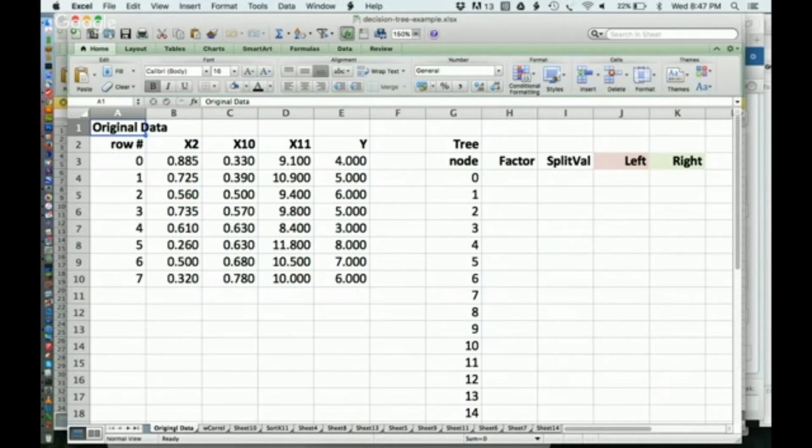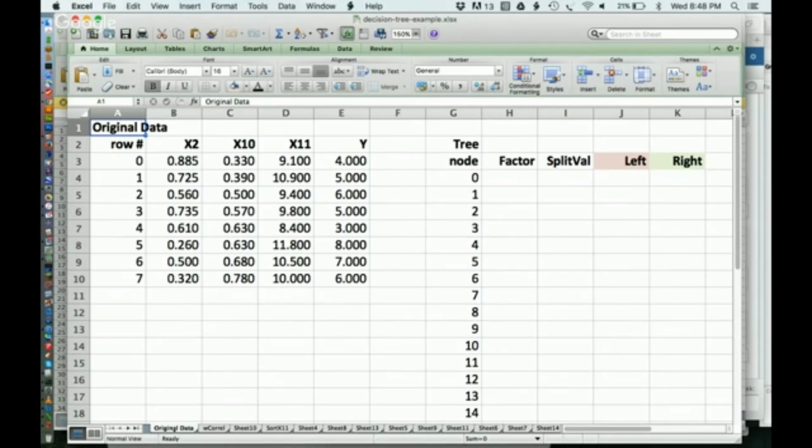I started with just 8 samples of data because, obviously, I'm not going to sit here and do a 1600 node tree. So I randomly selected 8 rows out of the actual wine data. And then I arbitrarily picked 3 columns or 3 factors for it to build this tree out of.